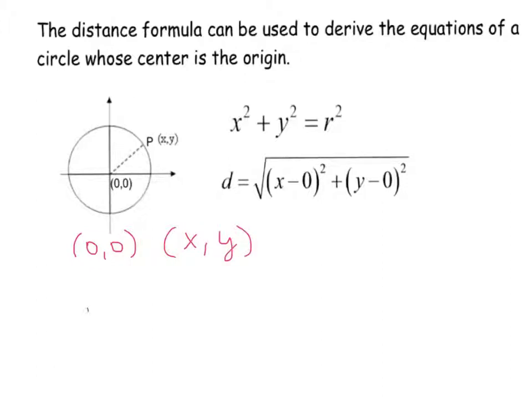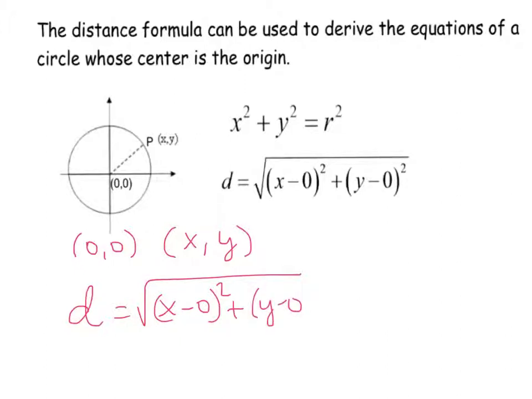To find the distance, I am going to say the distance between these 2 points is the square root of x minus 0 squared plus y minus 0 squared.